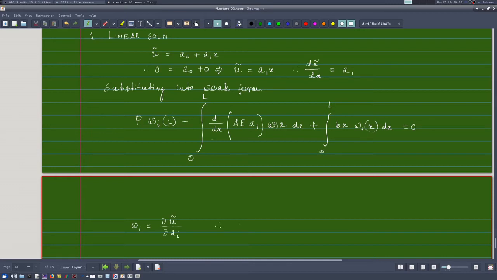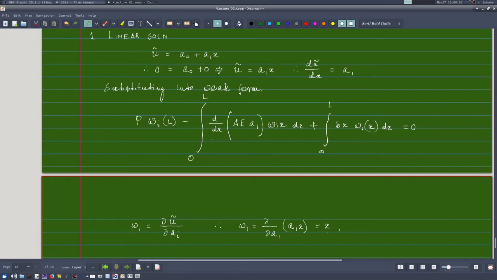Therefore my w1 here, because I have only one term in ũ, will be the partial derivative ∂/∂a1 of ũ, which is a1x, and this is nothing but x. ∂/∂a1 of a1x is x.